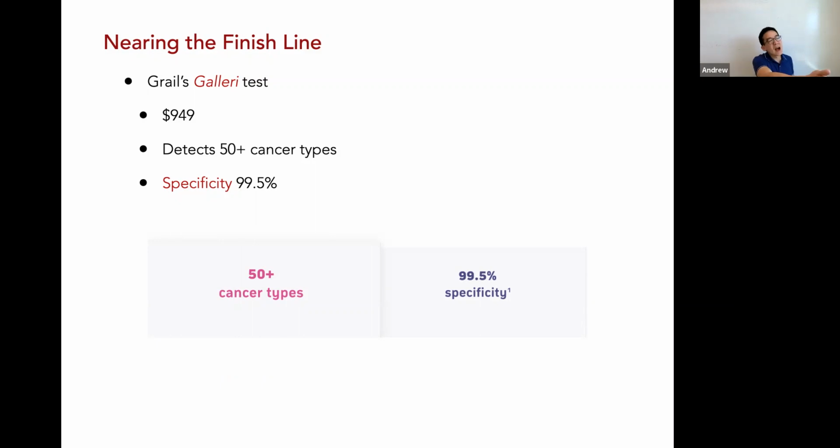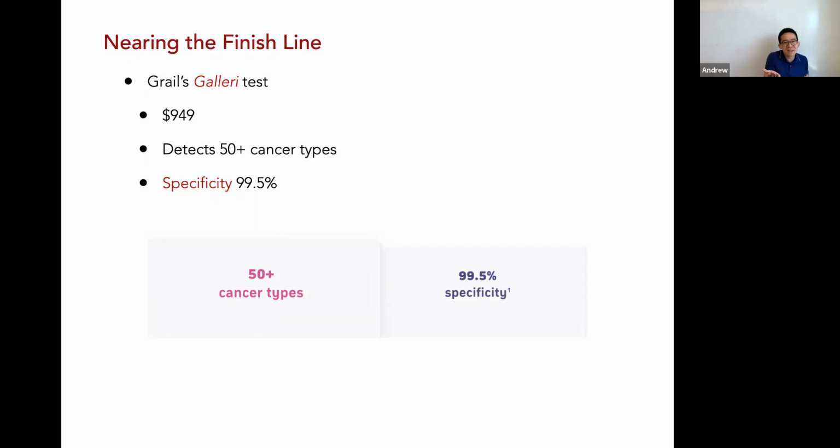And the Galleri folks didn't invent this. 99% specificity is not gold standard, it is baseline for any kind of test, including maybe the COVID tests that you've taken recently. We have a very clear sense of what it means to incorrectly tell somebody that they do have a disease. So this is baseline. I would like to not tell a bunch of healthy folks that they do have cancer.